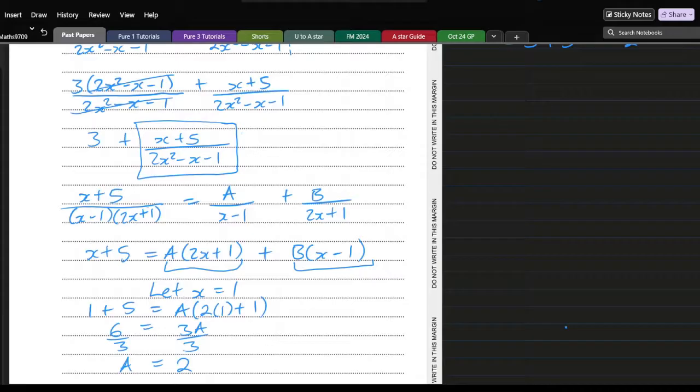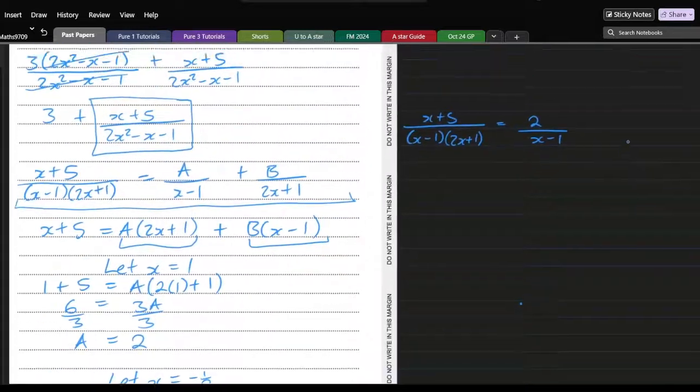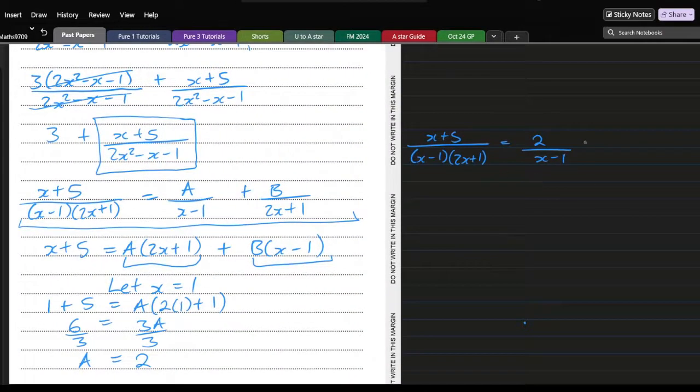It means this here can be written as (x plus 5) over (x minus 1)(2x plus 1). This is equal to A, which we said is 2 over x minus 1, plus B is negative 3, right? Yes, B is negative 3, so this should be minus 3 over 2x plus 1.